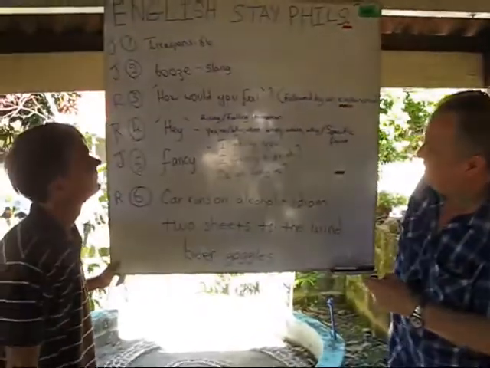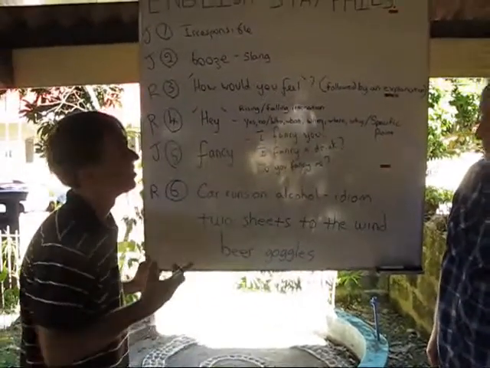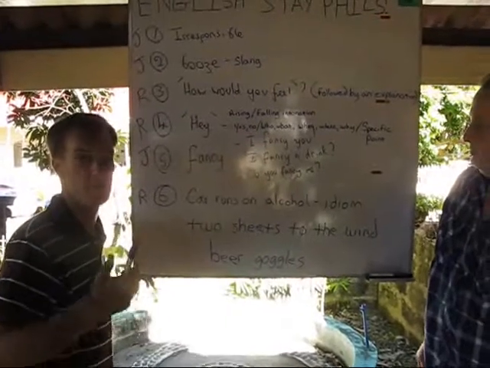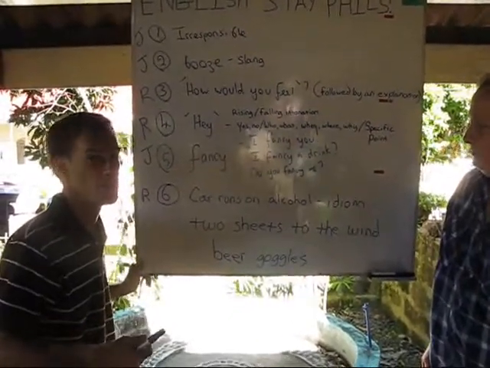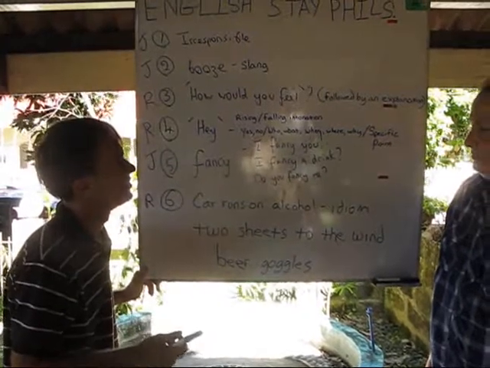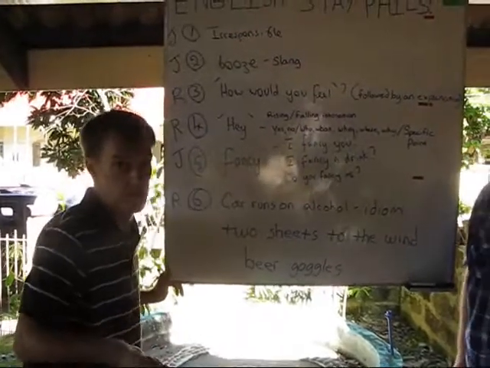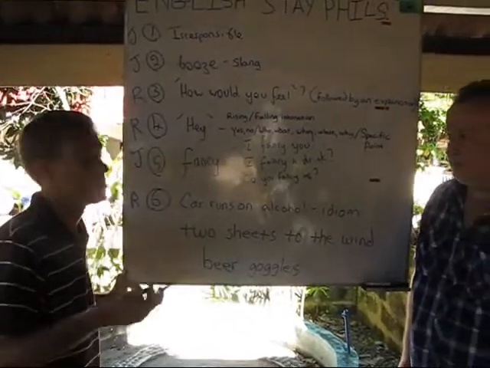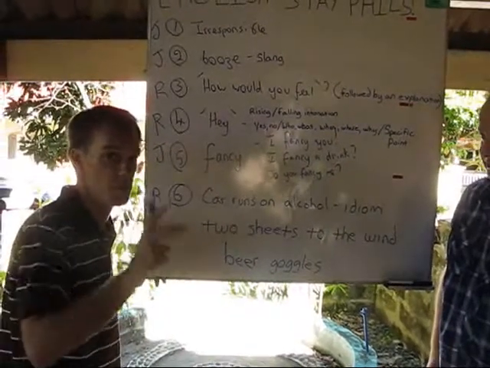What about another one, Ricky? How would you feel? It's supposed to be followed by another statement. How would you feel if someone broke into your house and stole some of your belongings? How would you feel is not a sentence that I normally would say by itself.